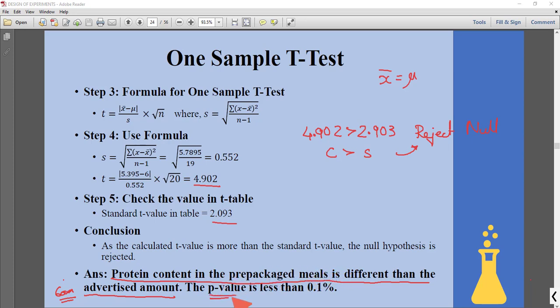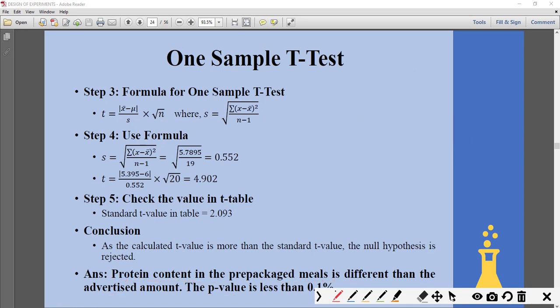And what does the p-value mean? P-value means this, the value that we just found. See over here. Now p-value over here, what is the t value that we have got? T value is 4.902. So to find out the p-value, we will go over here.